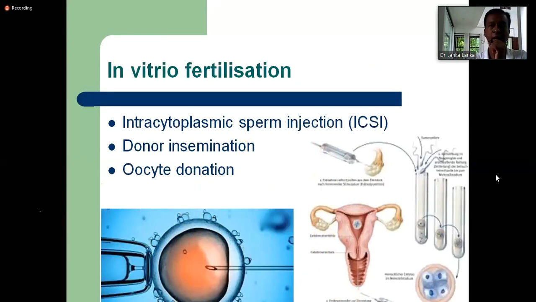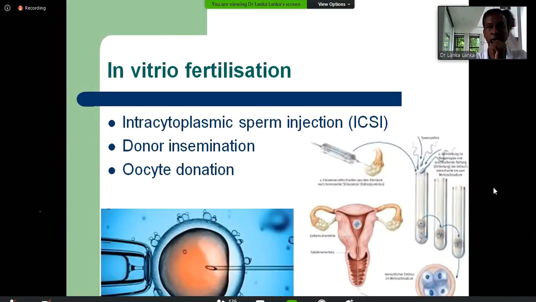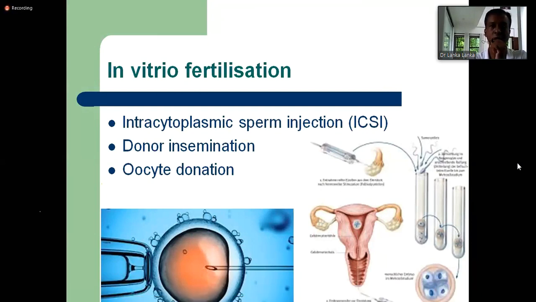Then in vitro fertilization. In vitro fertilization is indicated for somebody not able to conceive after long-term treatment, tubal factor infertility, tubal block, or male factor severe oligospermia or azoospermia. Then IVF is the best treatment option, but you have to remember it is very expensive. But the pregnancy chance is 30% with one cycle.